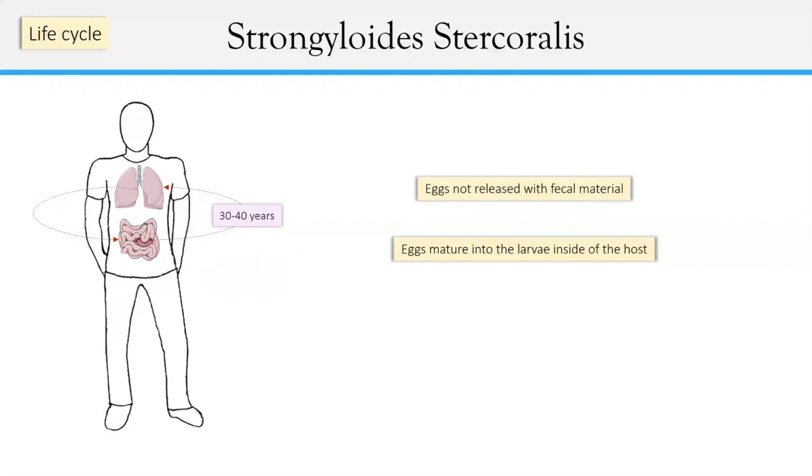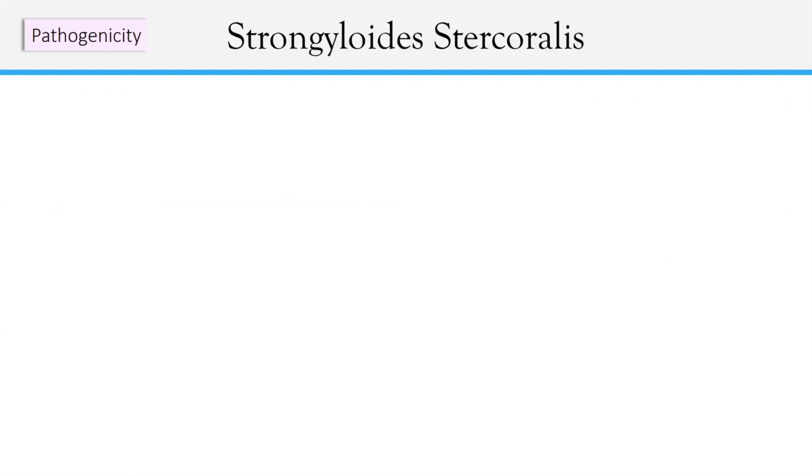So inside of the host may happen the whole life cycle of the parasite. Inside of the human body eggs will be produced, then from eggs larvae will be generated, then from larvae adult worms will be generated, and adult worms will generate new eggs with new larvae and new adult worms, and so on, unfortunately.